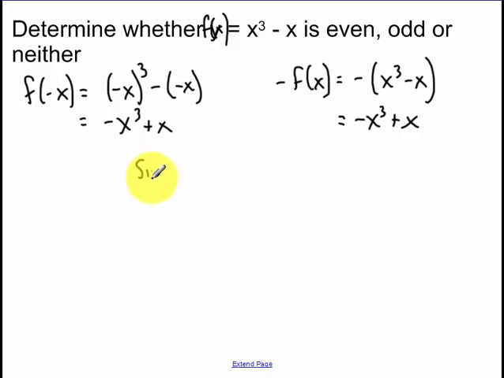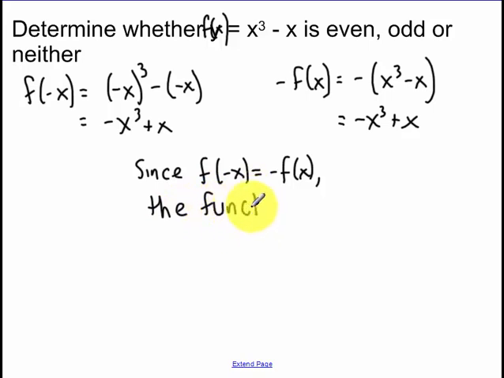So since f of -x is equal to negative f of x, the function is odd. And I would want you guys to write that: the function is odd, with this definition piece.